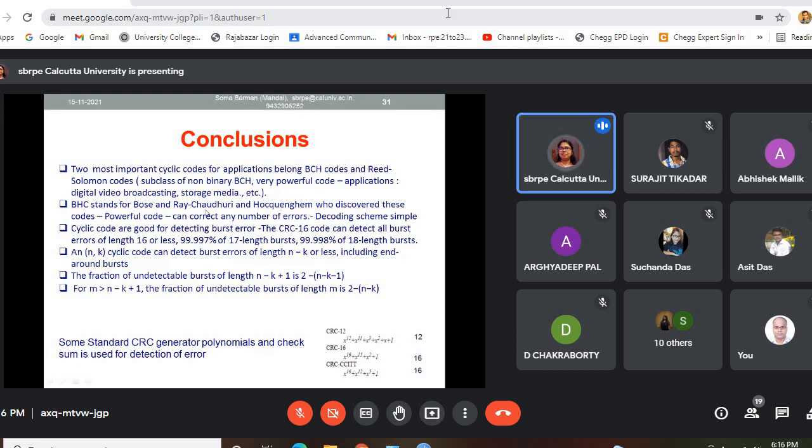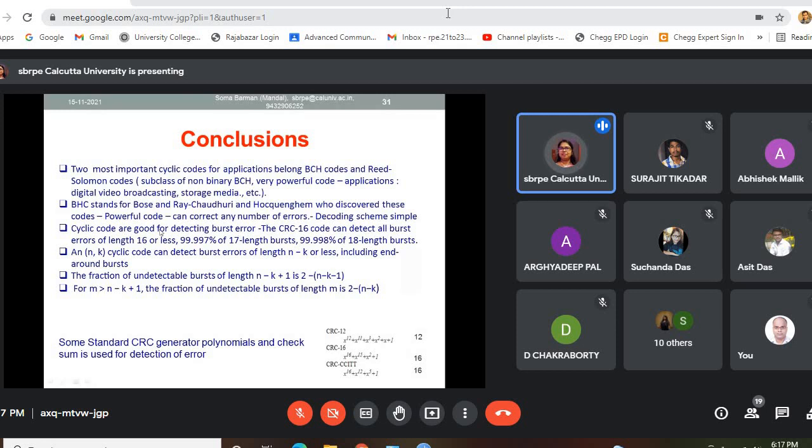Decoding and encoding are both simple, because in this case we always consider the shift register content, for the encoder design as well as the decoder design.